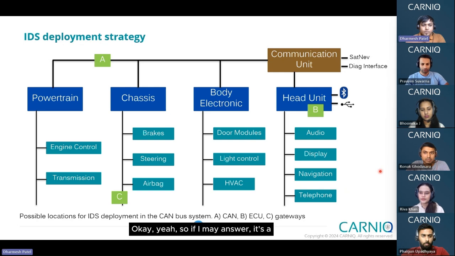Okay, yeah. So if I may answer, it's an interesting question. So regarding the false positive, when IDS detects something wrongly, for example, it can lead to unnecessary alerts and potentially disrupt the vehicle operations, reducing the user trust.